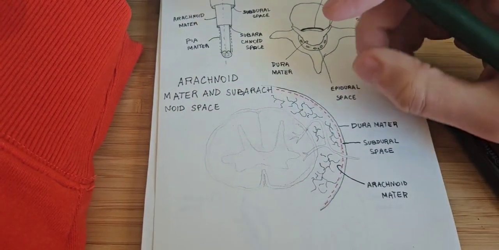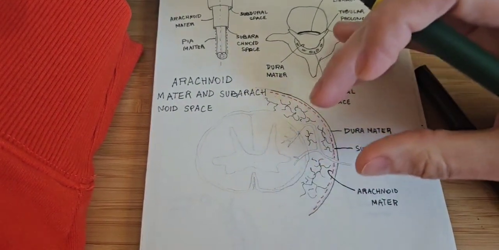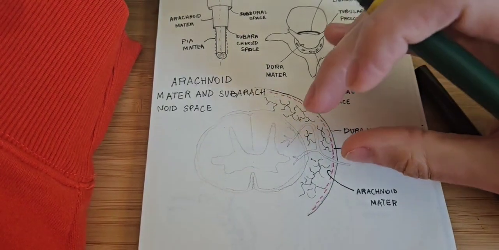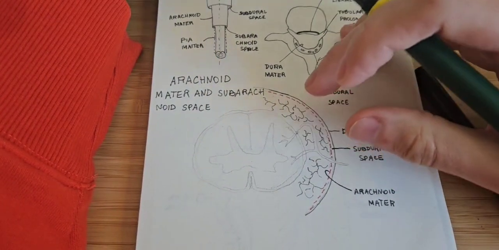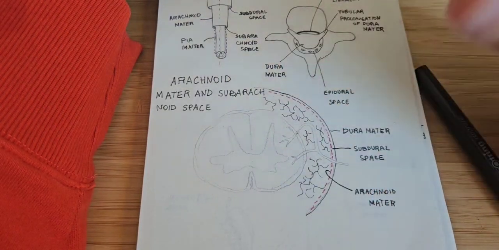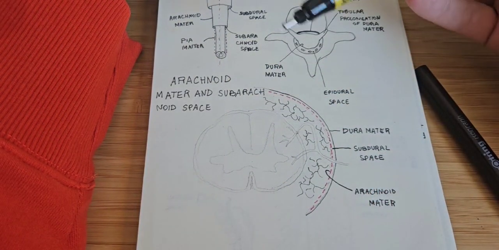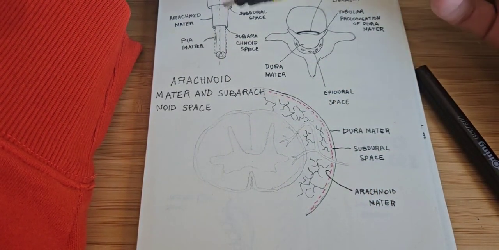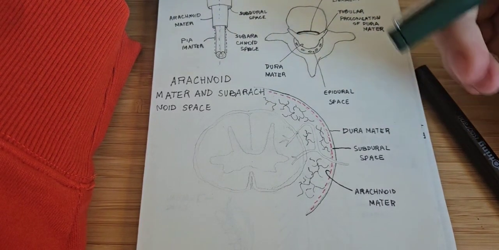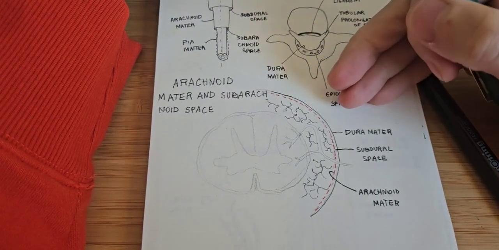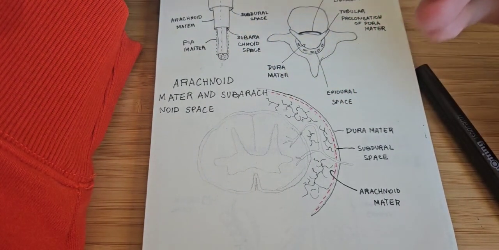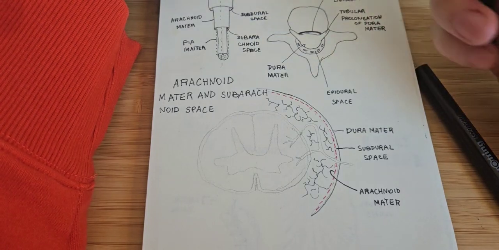This wide space is located between the arachnoid mater and the pia mater, and it is filled with cerebrospinal fluid, which I mentioned before, and which is important for shock absorption, nutrient delivery, and waste removal.